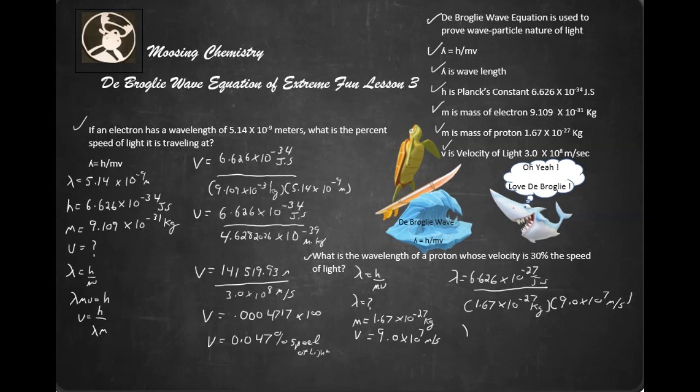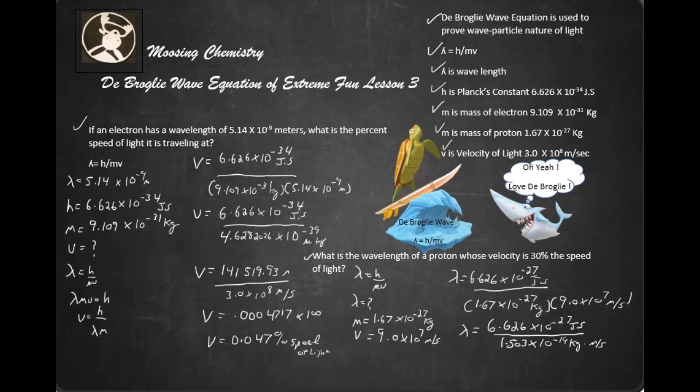Do the math. Almost there. Divide by those two numbers that we multiplied on the bottom.